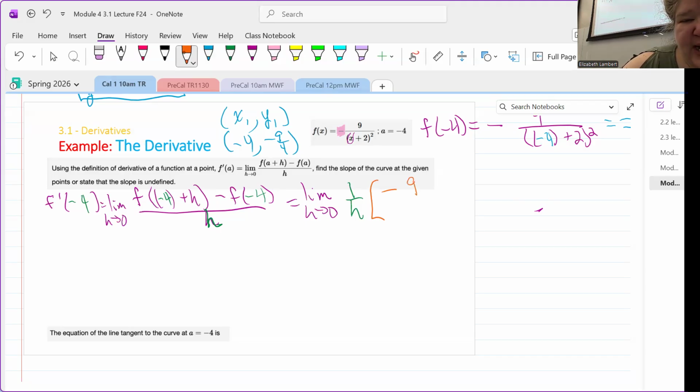So -9 over thing plus 2 squared, where thing is -4 plus h. Minus, now f of -4 we worked out, that is our -9/4.